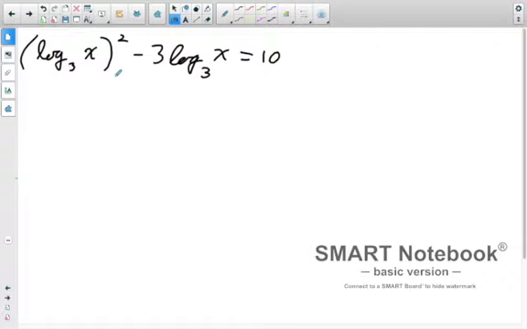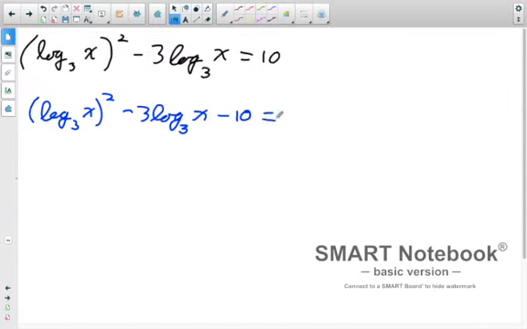It becomes very difficult for us to combine these into a single logarithm. But let's notice something. We have log base 3 of x squared minus 3 log base 3 of x, and I'm going to write minus 10 equals 0.